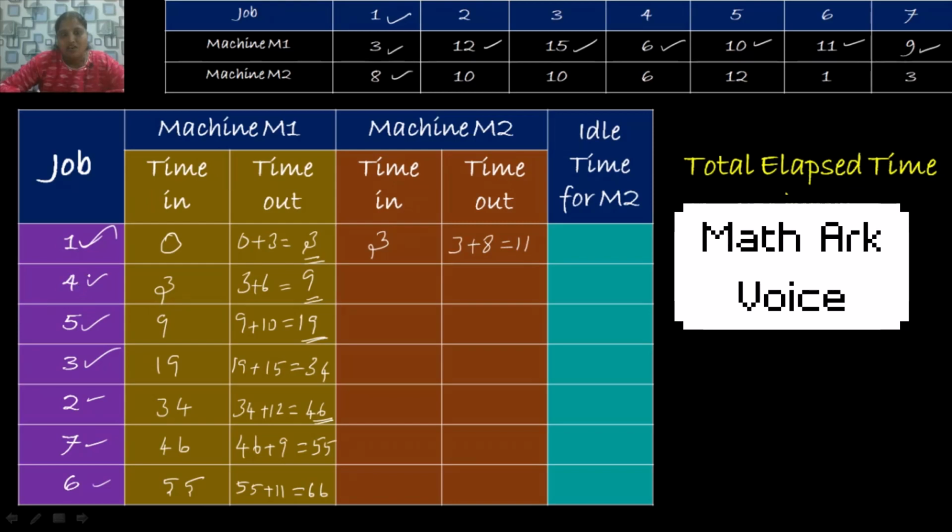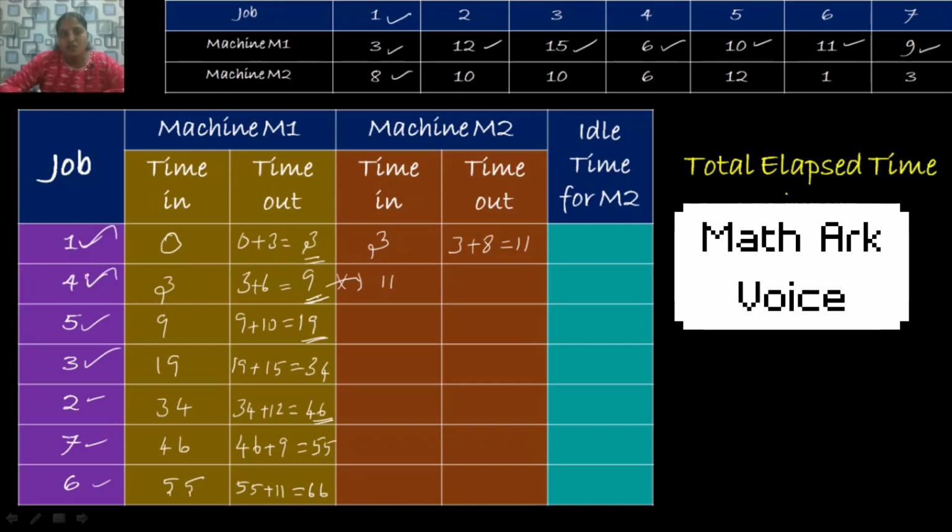Here job 4 has completed its processing time at 9 hours, but it couldn't enter machine M2 directly for processing, because at 9 hours M2 still has a job to process. That is, the previous job completes its processing time at 11 hours only. So this job has to wait in a queue till machine M2 is free. Now at 11 hours the machine becomes free.